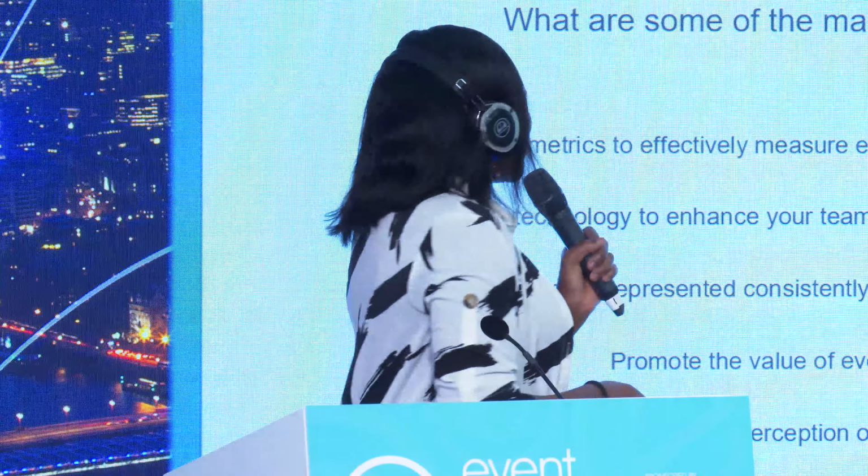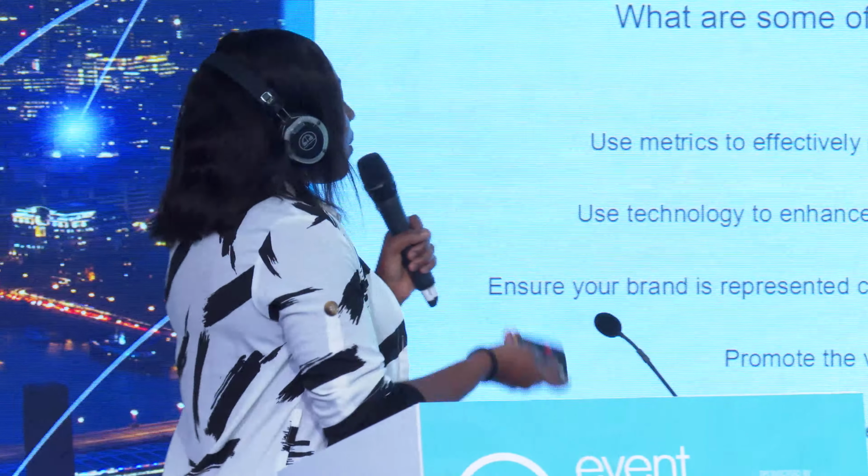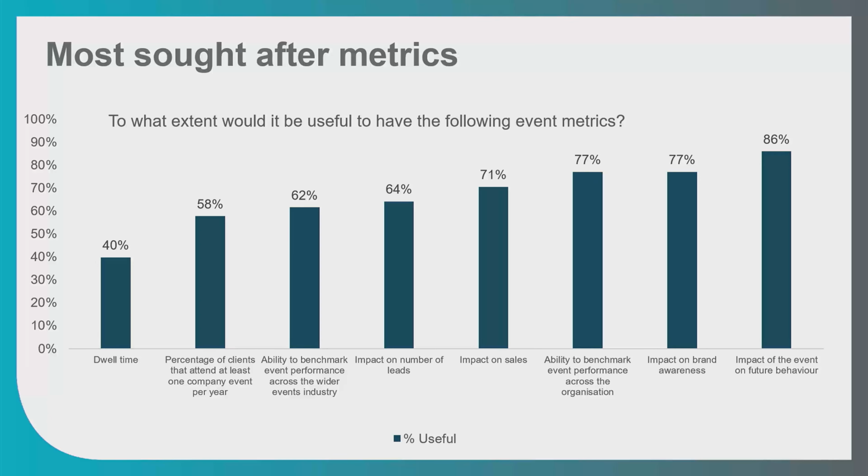That's a good sign. We also wanted to know, well, what metrics? When we talk about measurement, often we can be quite vague. So what metrics are we actually looking at? And this is what we found. As you can see down this end, there's a big interest in impact of the event on future behavior. And you've got things like being able to benchmark and understanding dwell time.